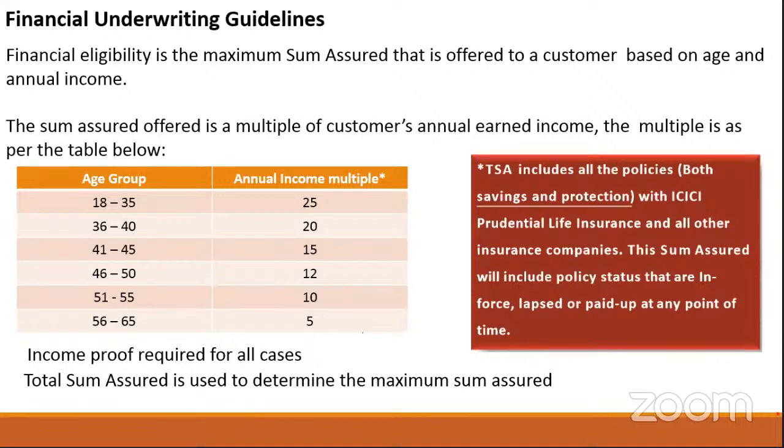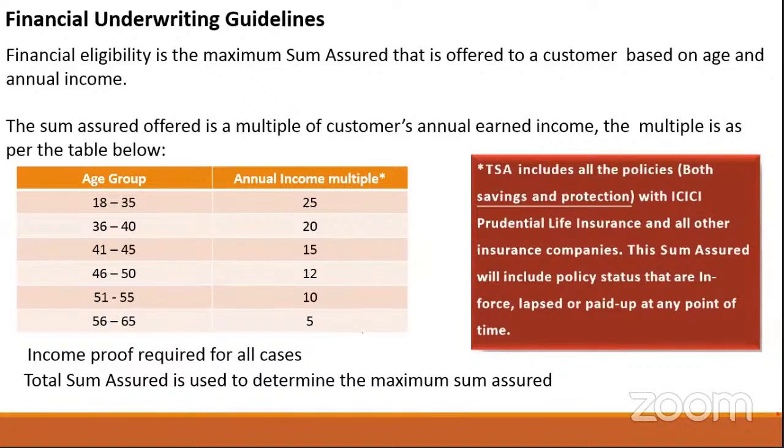If a customer is between 46 to 50, he can be offered a sum assured of 12 times his annual income only. So this is the income multiplier. We can always check. However, this income multiplier is more or less embedded in our software. Once we check the codes from the software, this income multiplier grade is already embedded.